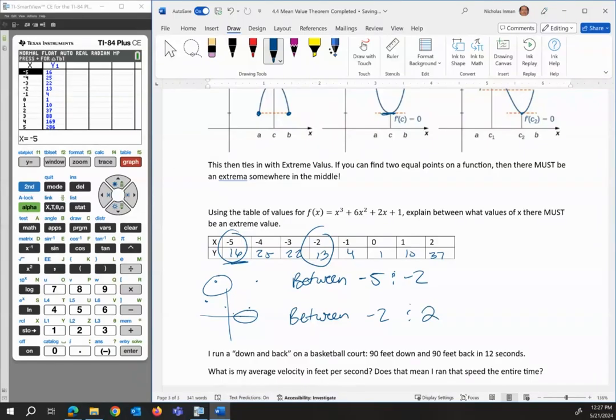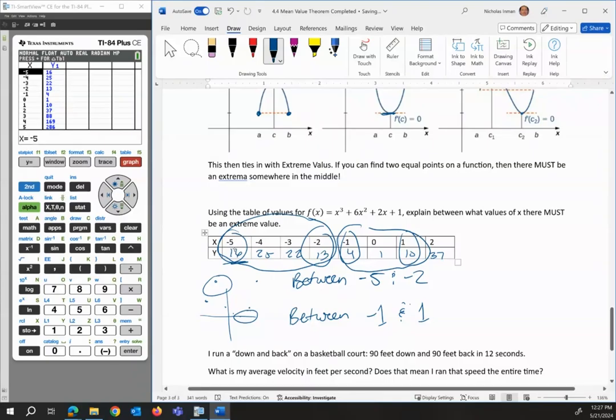I guess I could even say somewhere between -1 and +1, I've got another extreme value. So I can say these two and those two. I can't say between -5 and -3, because if I start here, I've got to get past 16 again to show that those two at some point were equal.